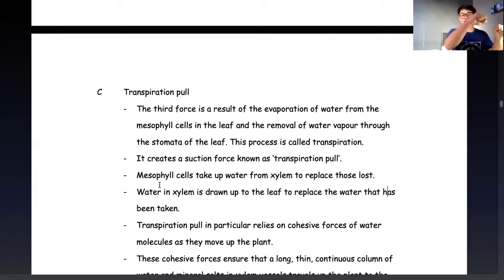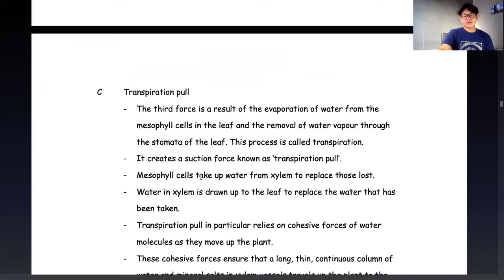If I pull this, this also gets pulled. So it gets pulled along and it creates a suction, what we call transpiration pull. The pulling is because of the process of transpiration.